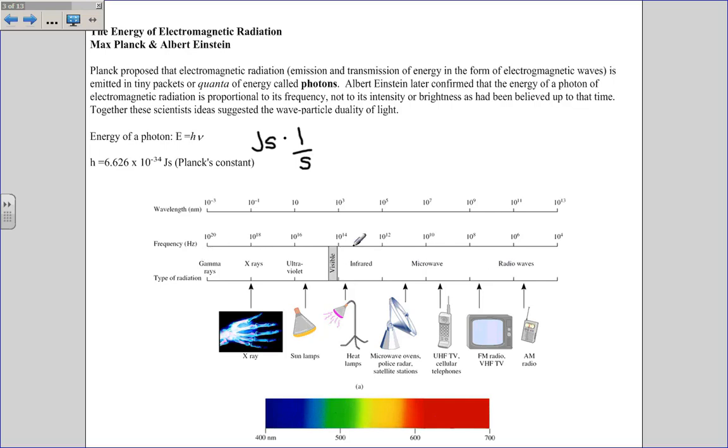And we have this small section from 400 nanometers to 700 nanometers, which we refer to as visible light, which is light that we can see. And it consists of the colors of the rainbow: red, orange, yellow, green, blue, purple. Now you can see here that the wavelengths of the light are listed above, and the frequency of this light is listed below.